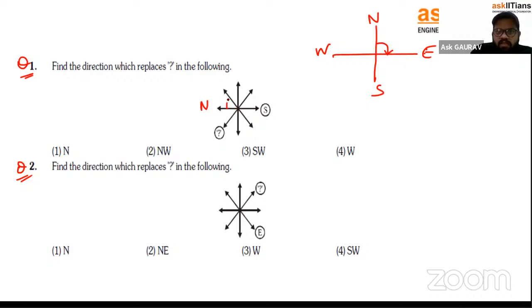So this will be east. Now, if this is east, then the opposite will be west. So this is now west. What is the question mark? The question mark is northwest. Option 2, northwest.